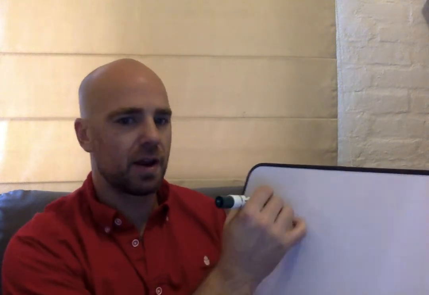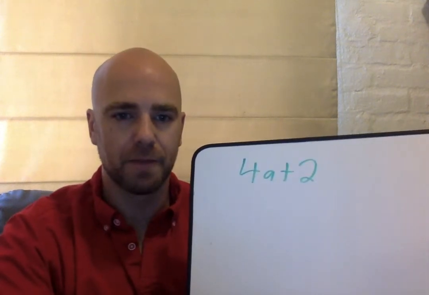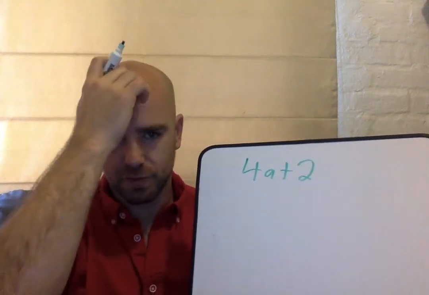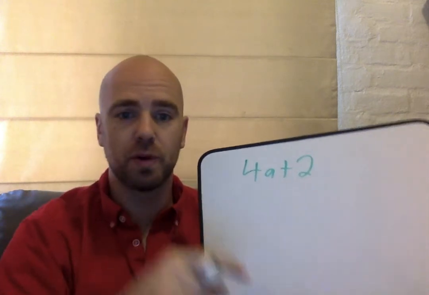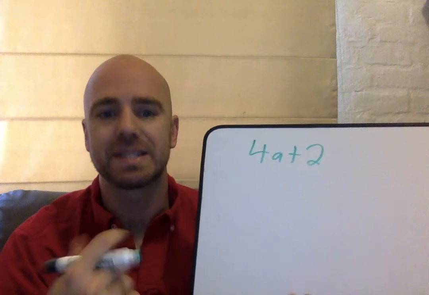Let's say we have a perimeter of a rectangle that is represented by 4a plus 2. This is the whole perimeter. What I'm actually trying to find is the side lengths.